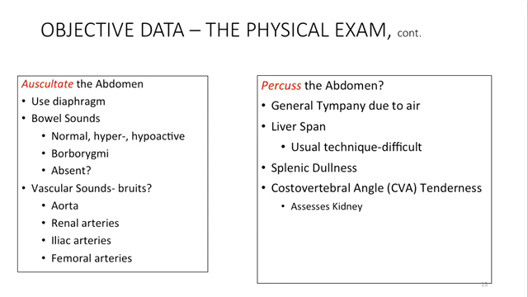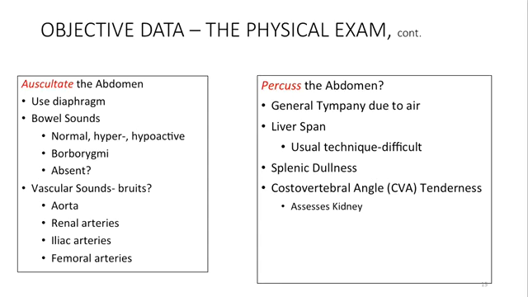Absent bowel sounds is, you can't technically document absent bowel sounds unless you listen to bowel sounds for greater than 5 minutes. So that's a very long time to listen to bowel sounds. Post-surgery, when they're worried about the bowels not working, what's more important is the patient passing gas and having a bowel movement, but they might be absent after surgery because they shut everything down, but you do have to listen for 5 minutes to be able to say that.